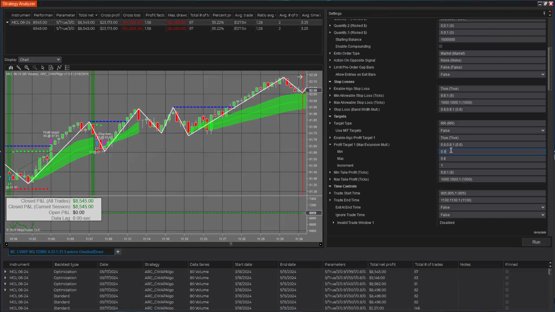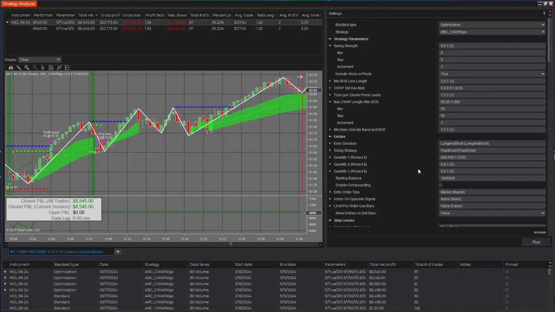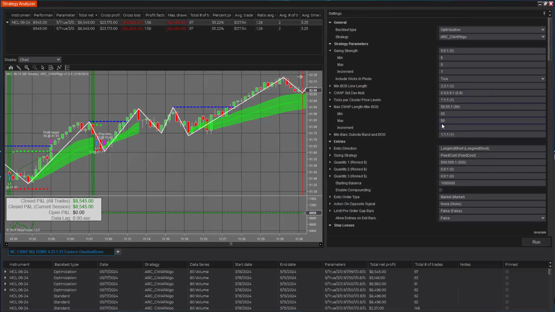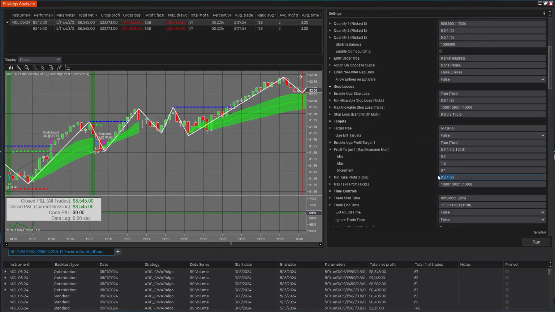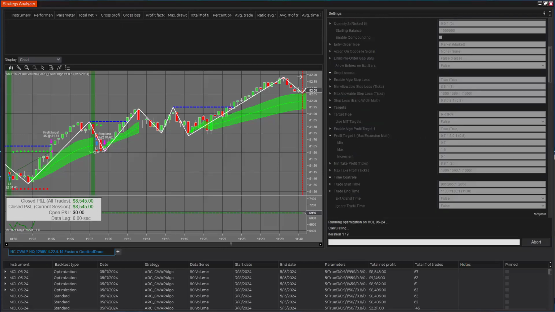We can go minimum 0.7, maximum 1.5, but we're going to go by 0.1s. I don't need to go every little thing. That's fine. Cool deal. Let's go ahead and run it.